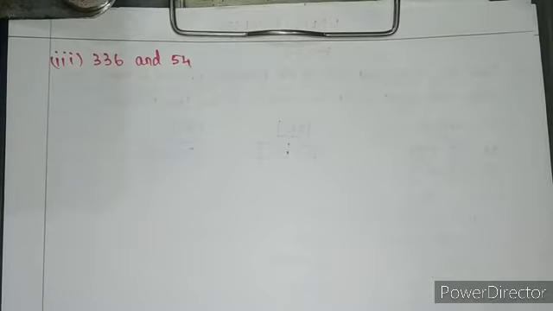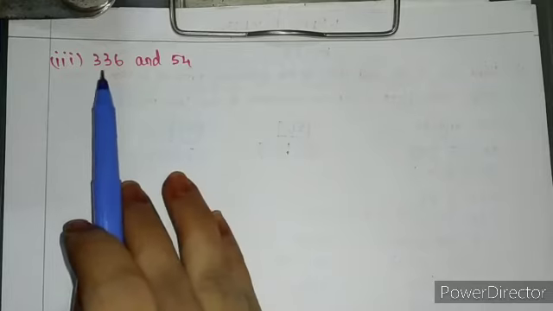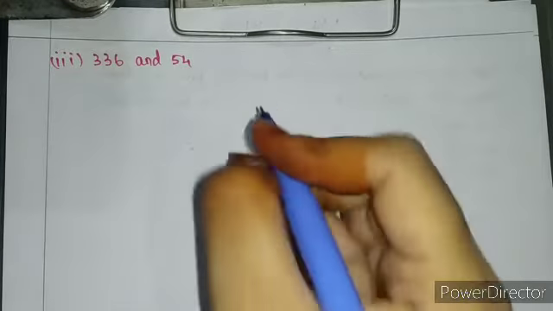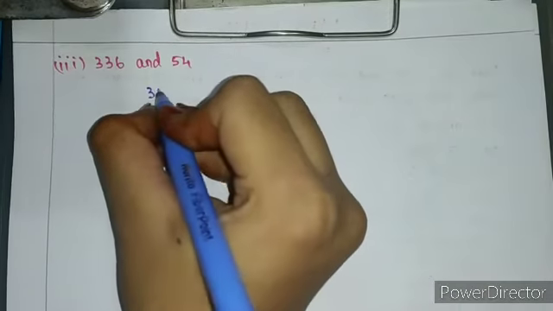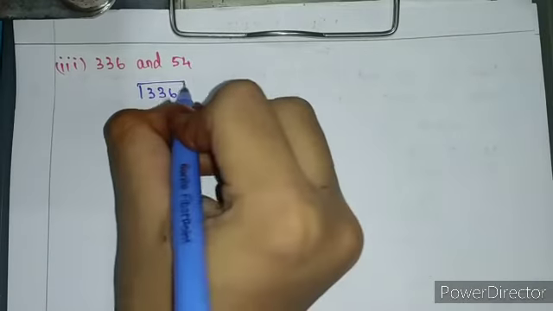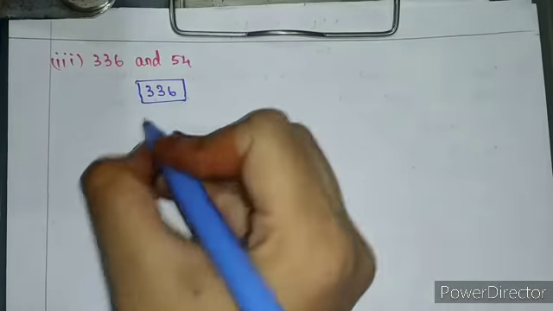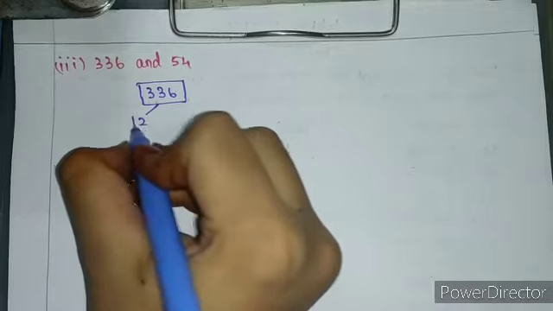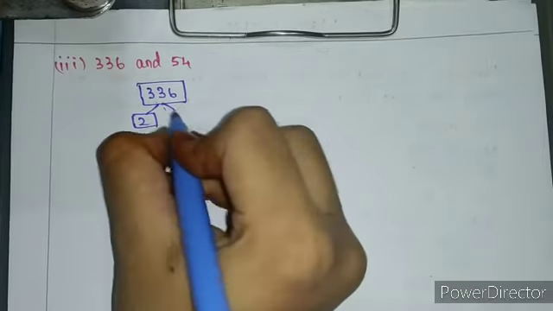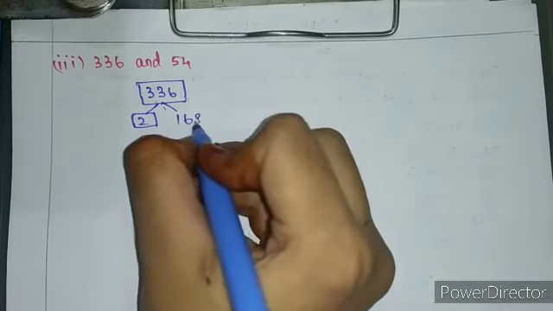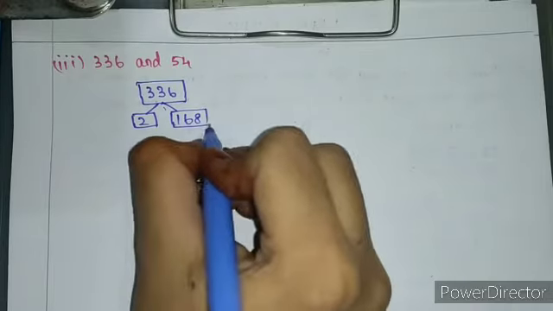The next subdivision is 336 and 54. So let's factorize the numbers. 336 by 2. 2 into 168 makes 336.